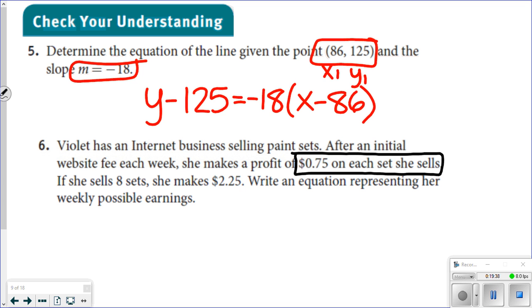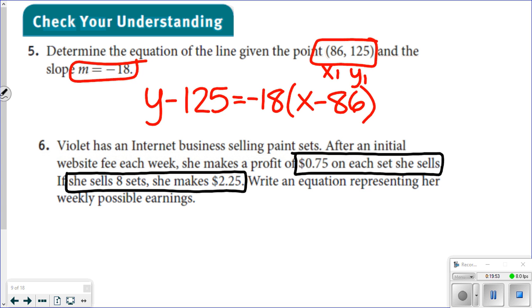If she sells 8 sets, she makes $2.25. Write an equation representing her weekly possible earnings.